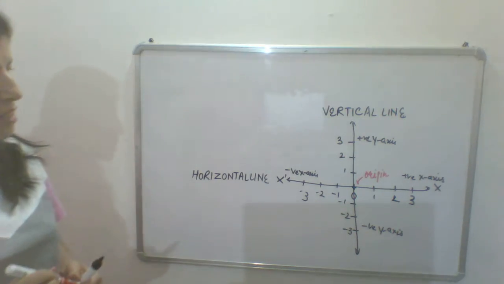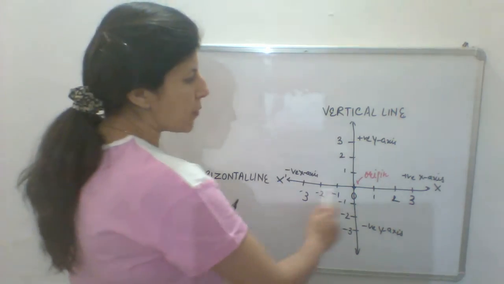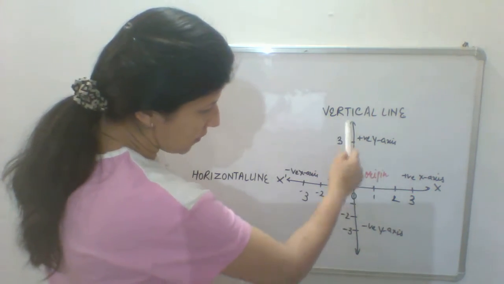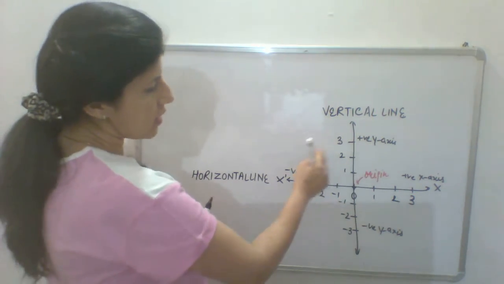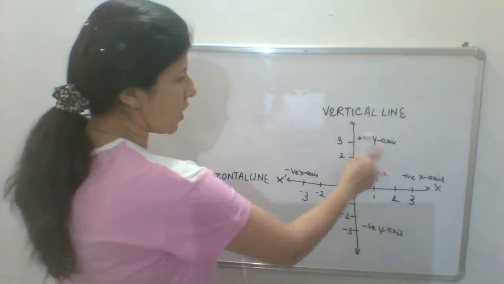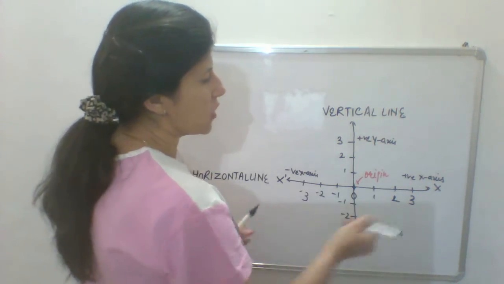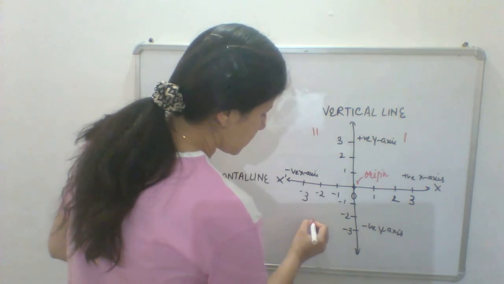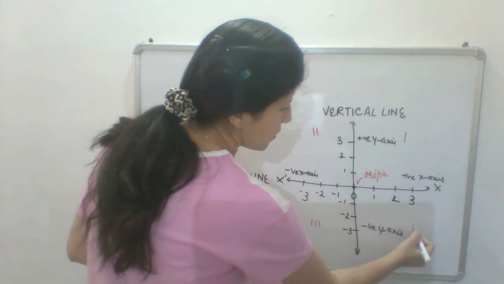Now you can see these two perpendicular lines. When we have drawn these two perpendicular lines, they are dividing this plane into four parts, right? 1, 2, 3 and 4. But their order is always specific, right?